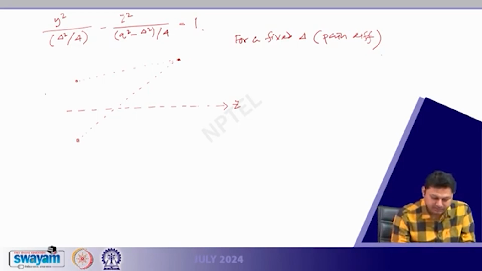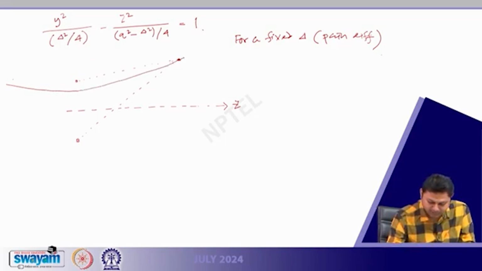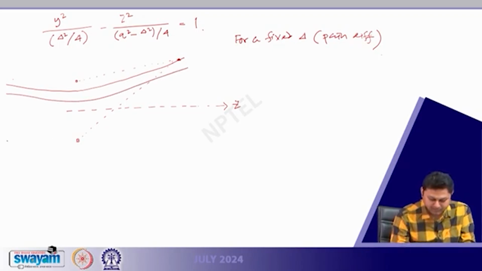So, this line will be something like this. This is a hyperbola, so it goes like this. Then it goes like this.